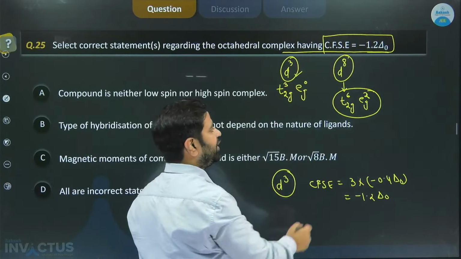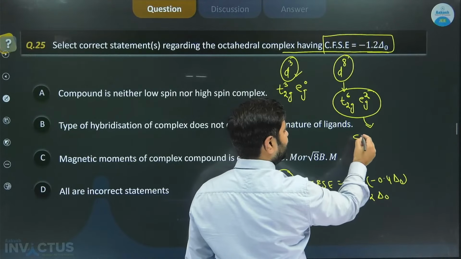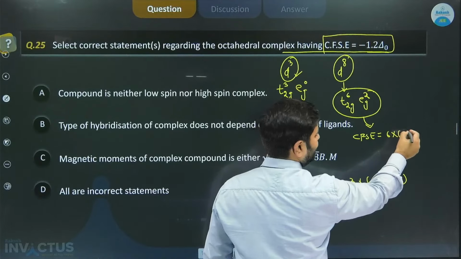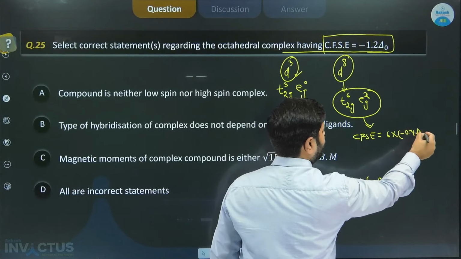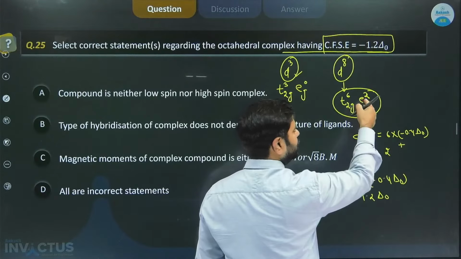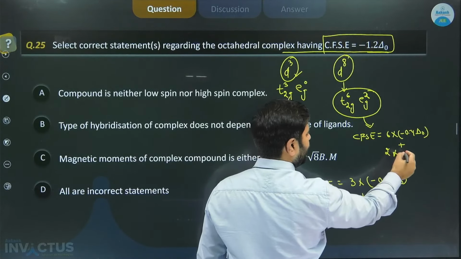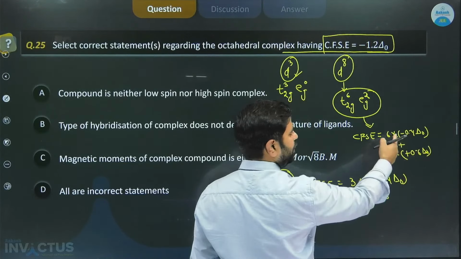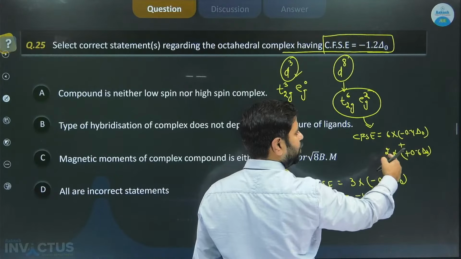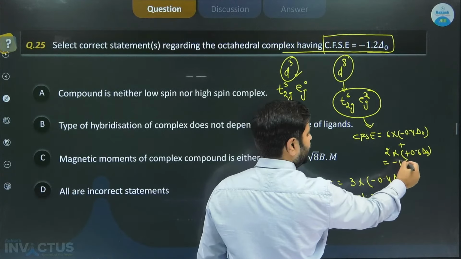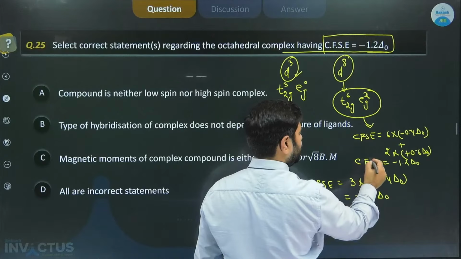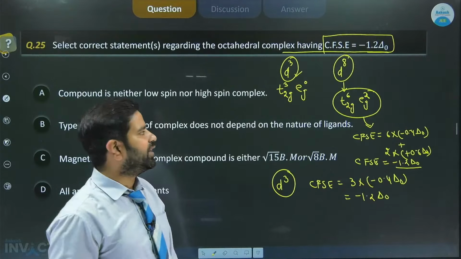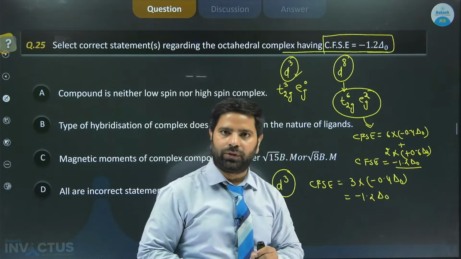For the d8 configuration, how can we calculate? CFSE is 6 into minus 0.4 del naught plus 2 into plus 0.6 del naught, since there are 2 electrons in eg. Calculating, minus 2.4 plus 1.2 gives minus 1.2 del naught. So the d3 and d8 configurations have CFSE value equal to minus 1.2 del naught.